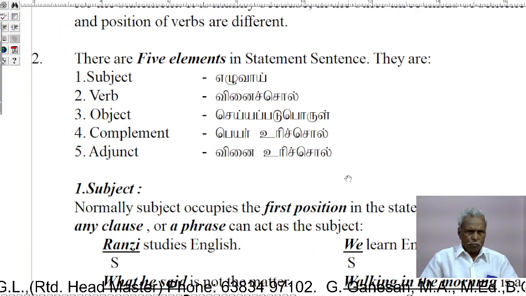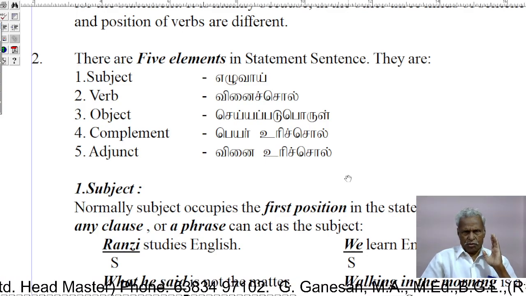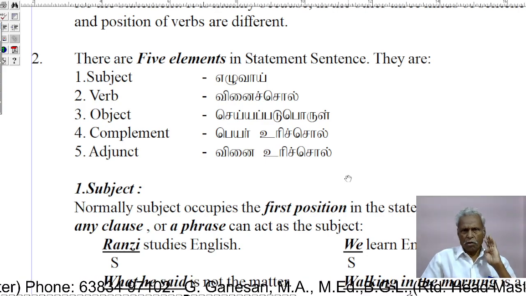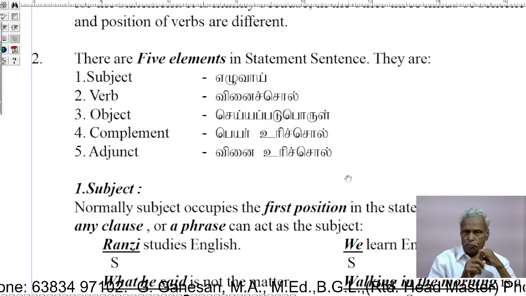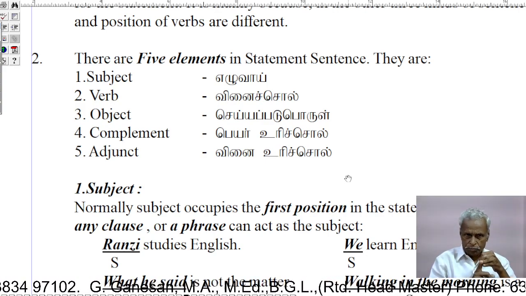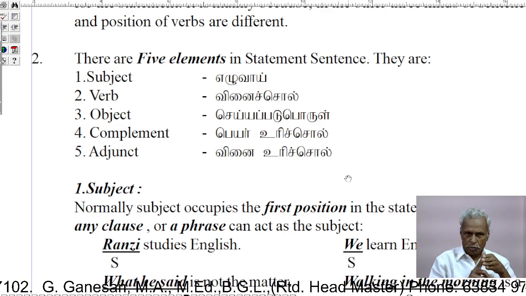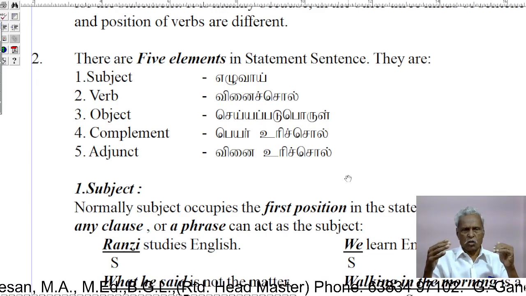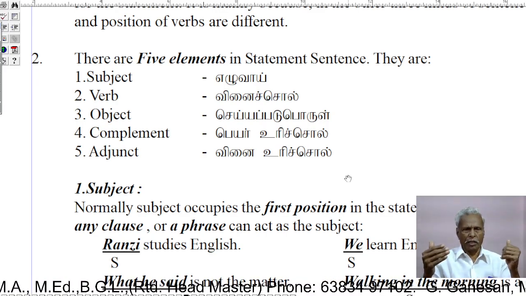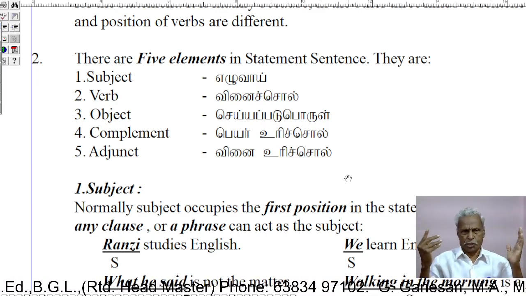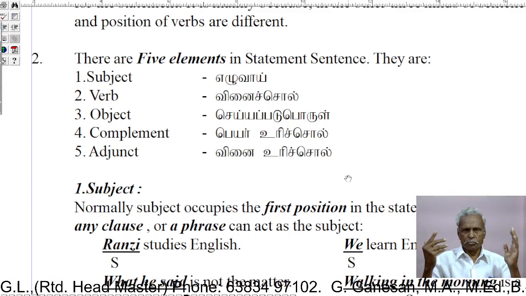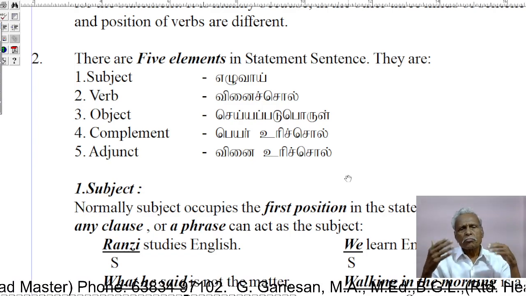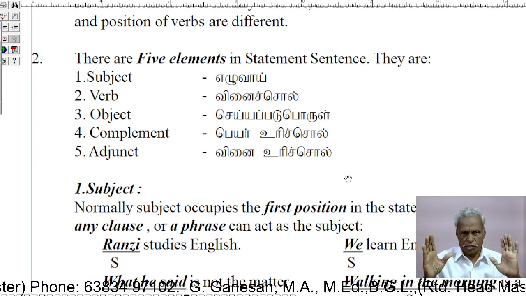In English, there are 5 elements in a statement sentence, known as subject, verb, object, complement, and adverb. These 5 elements are used in a statement in English. Maximum there can be 5 elements; minimum there should be 2.